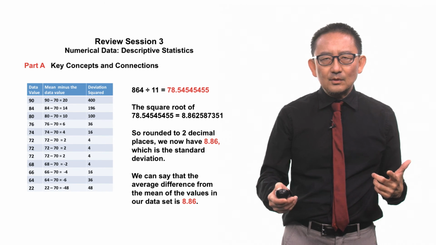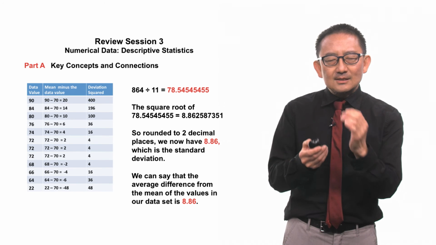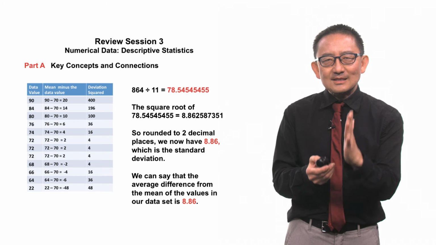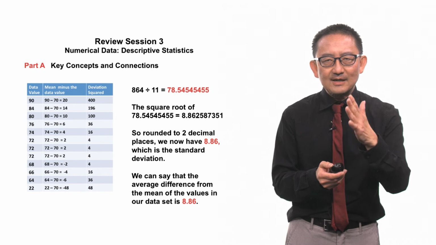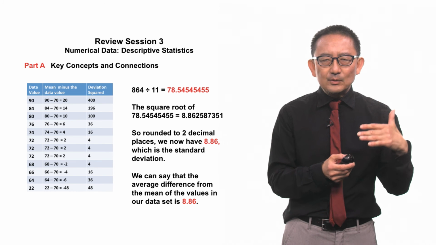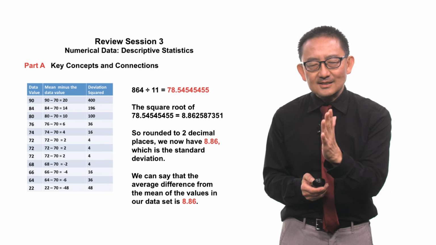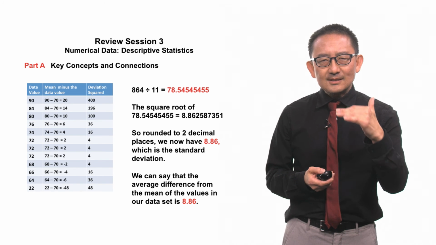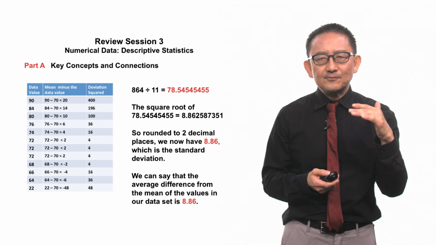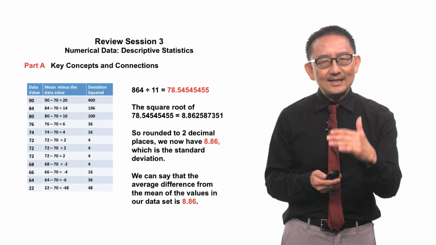What we have to do is take the square root. If we take the square root of 78.54 and round it to 2 decimal places, we will get 8.86. Okay, now that's a number that we can deal with. We can say that the average difference from the mean of the values in this data set is 8.86.